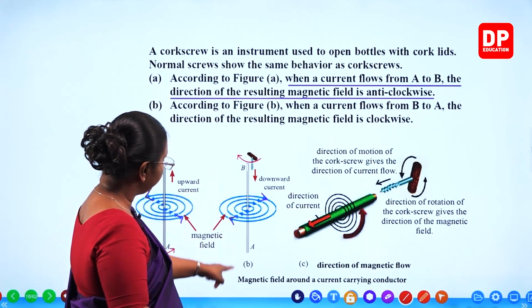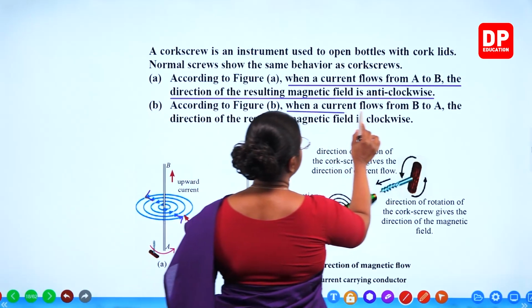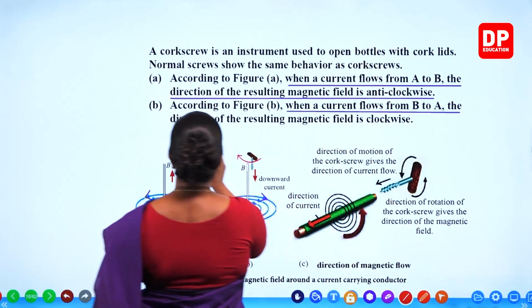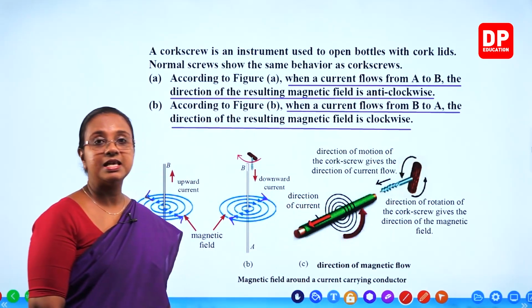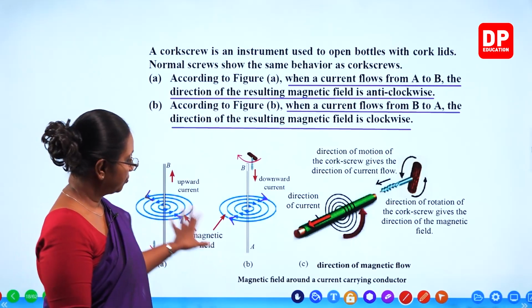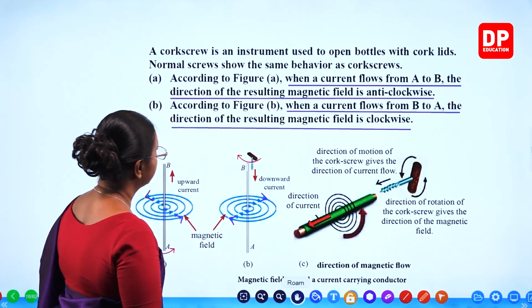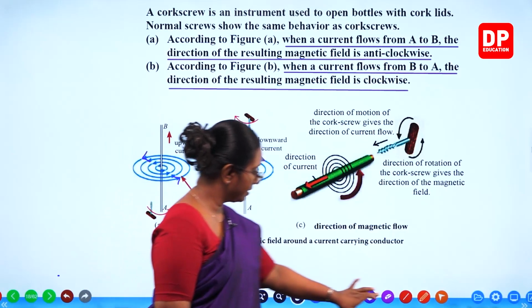And according to figure B, when a current flows from B to A, the direction of the resulting magnetic field is clockwise. So this is the figure that is showing you all the effect.